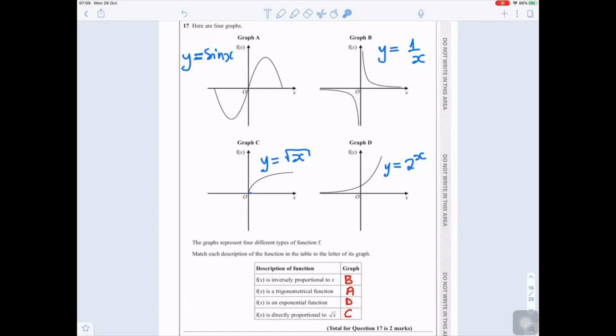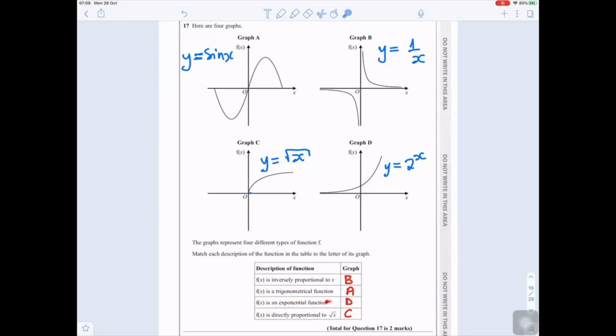The second one, f of x is a trigonometrical function. Trigonometrical functions are like sine of x, cosine of x, tangent of x, but this one passes through 0. So it is sine of x, y equals sine of x. The answer is A for that one.